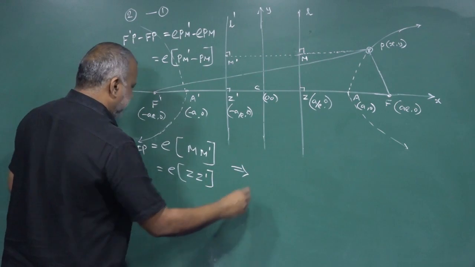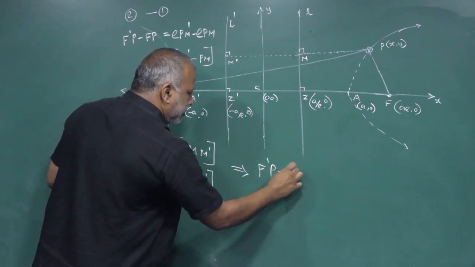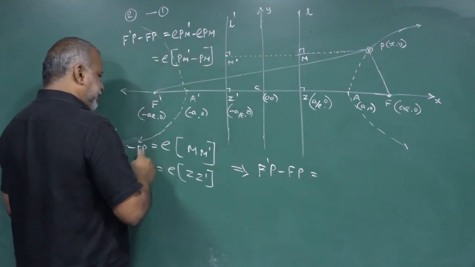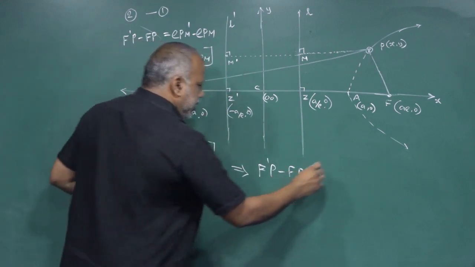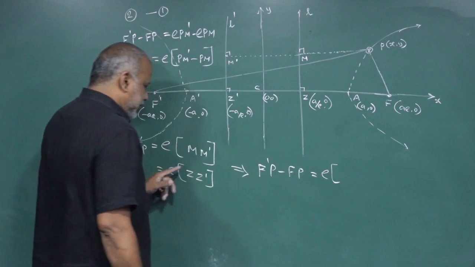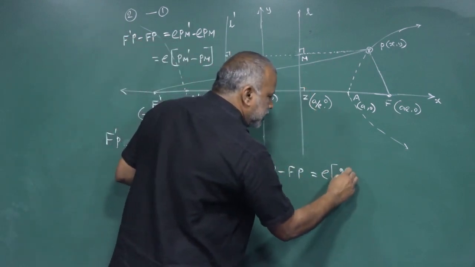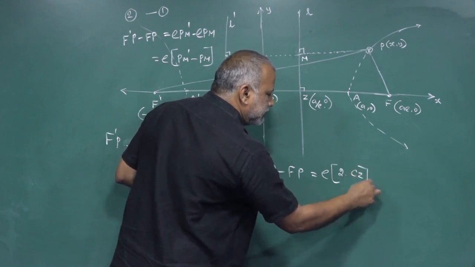Listen carefully. F dash P minus FP is equal to E, common outside, times Z dash. This Z dash can be written as 2 times CZ.